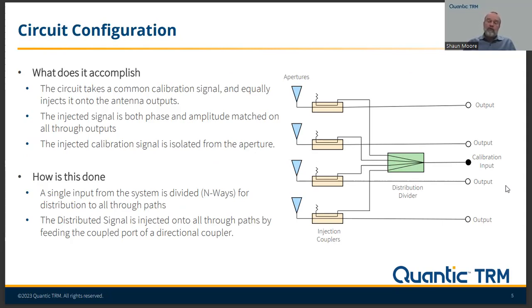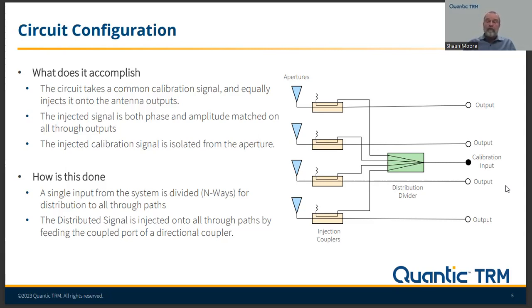The nice thing about this sort of network is that everything is phase and amplitude matched going through the system, and therefore a single known signal that is put into the calibration input can then be measured on every output. And basically, since we have a directional coupler feeding it onto the main line, the signal that is put in from the calibration input is naturally isolated from the apertures.